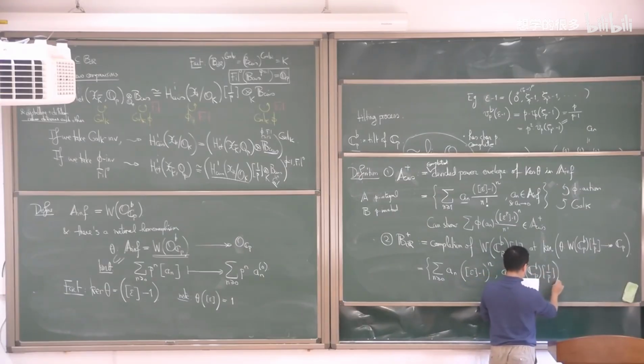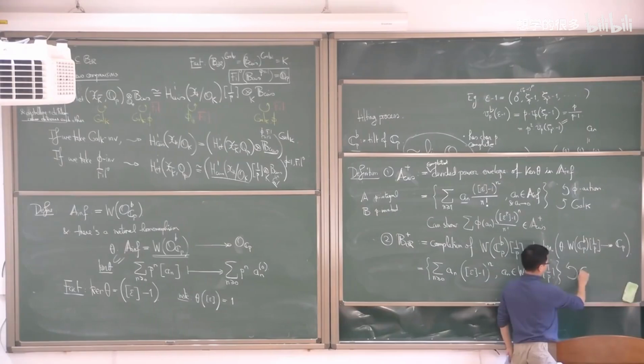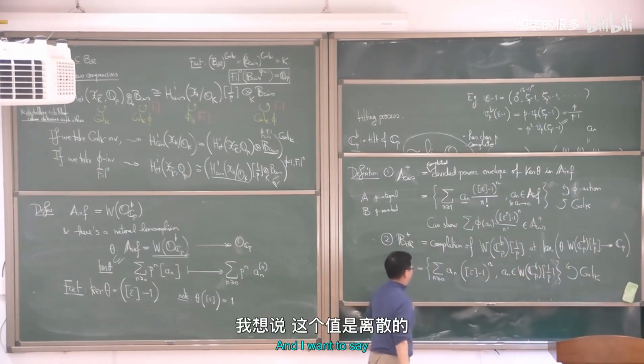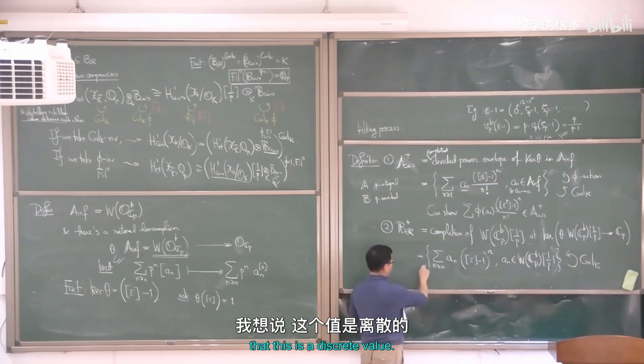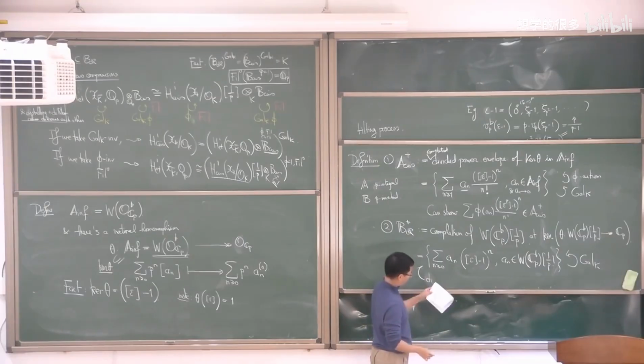So this is characteristic 0. And this one carries again a Galois action. And I want to say that this is a discrete valuation ring. Turns out this is discrete.